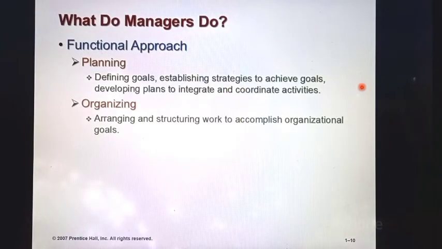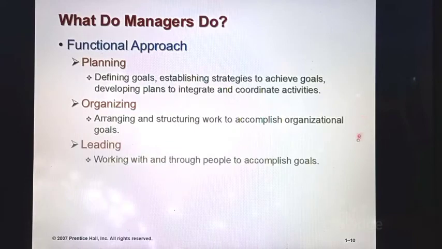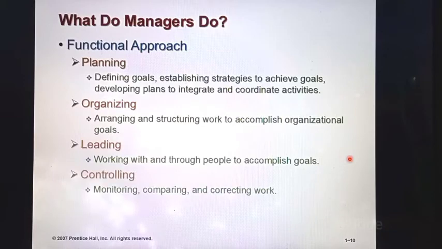Next is organizing, arranging and structuring work to accomplish organizational goals. Then we have leading, working with and through people to accomplish goals. And controlling, which is monitoring, comparing, and correcting work. So these are the 4 functions of management.